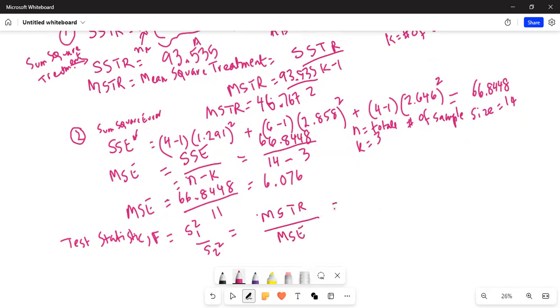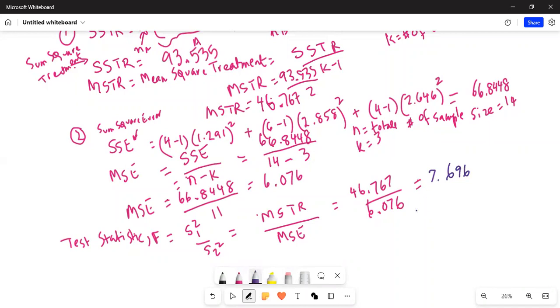So this is equal to 46.767 divided by 6.076, and that is equal to 7.696.